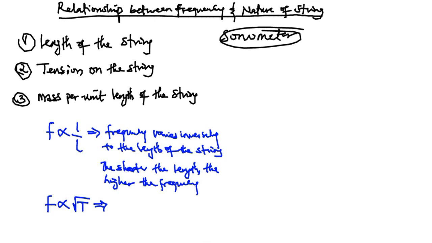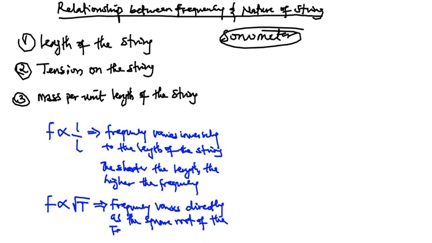It means frequency varies directly as the square root of the tension on the string.